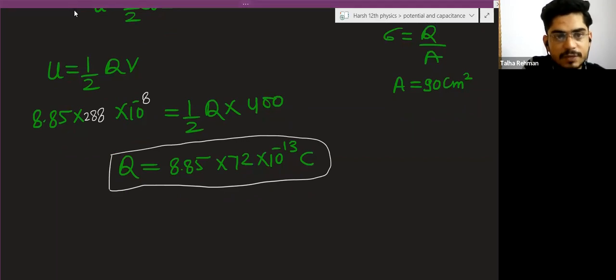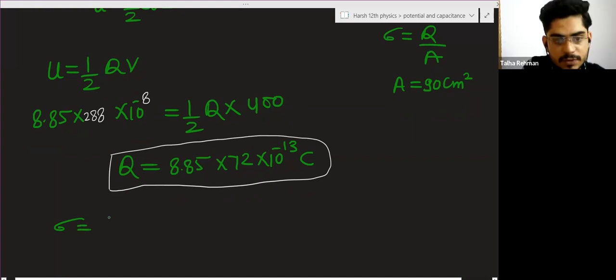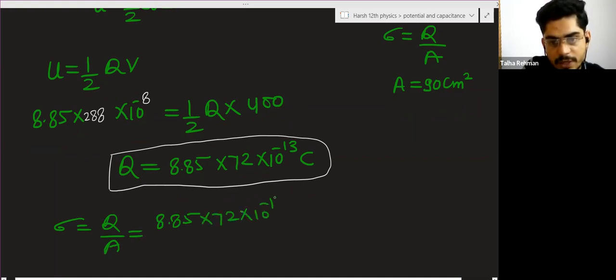And from this Q I can calculate sigma. Sigma is equal to Q by A, and Q is 8.85 into 72 into 10 to the power minus 13, and area is 90 centimeter square.